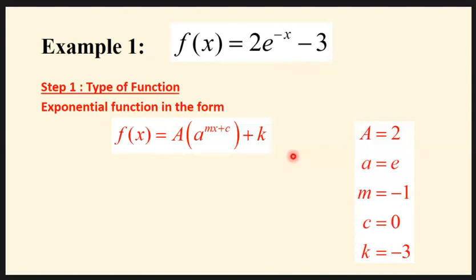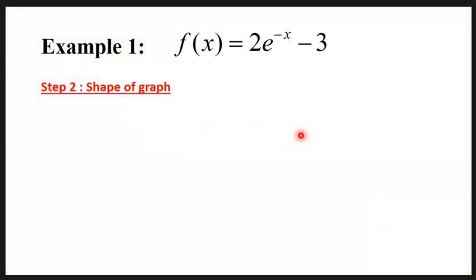Next, let us go on with step number 2, where we would like to see what the shape of the graph is for this function. Step 2, the shape of the graph. To get the shape of the graph, we are going to identify the sign on two positions. First, we identify the sign on x, or the coefficient of x.